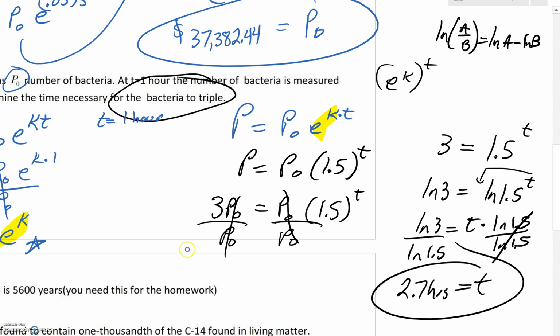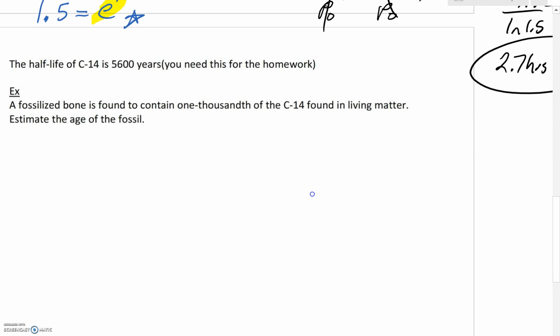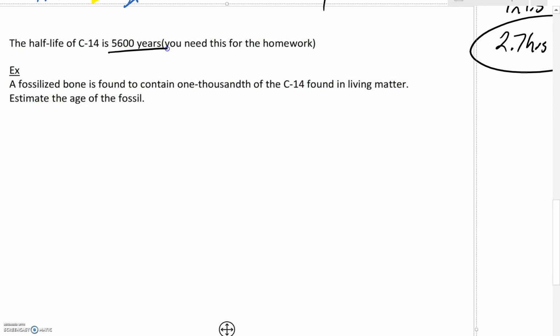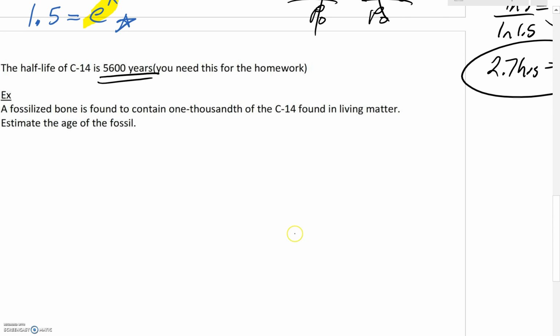Okay, one more problem, and that's on the back. Half-life of carbon-14 is 5,600 years. A fossilized bone is found to contain 1/1000th of the C14 found in living matter. Estimate the age of this fossil. First off, I do want to say that we could solve for e to the k.